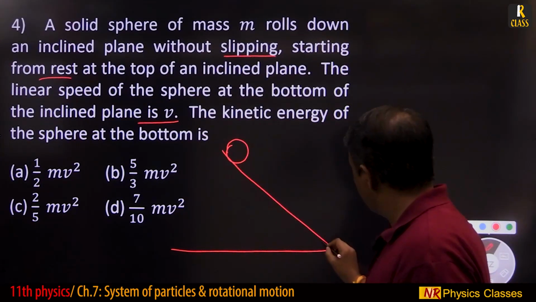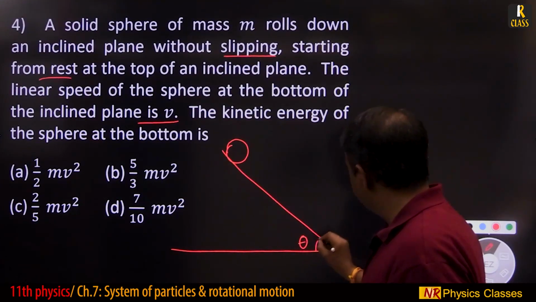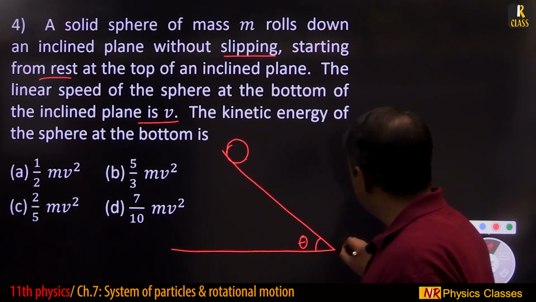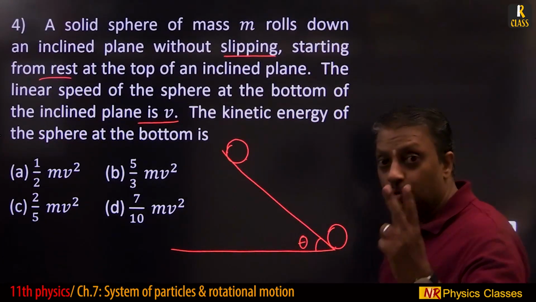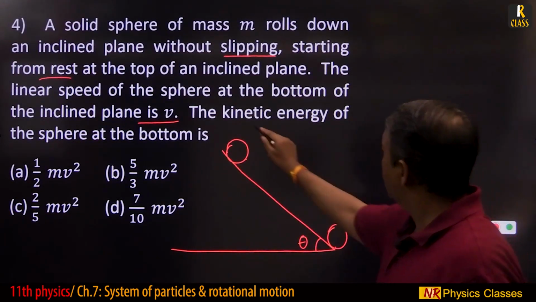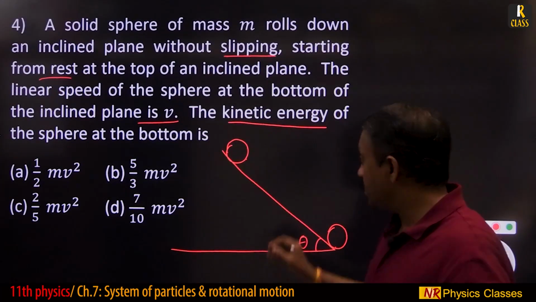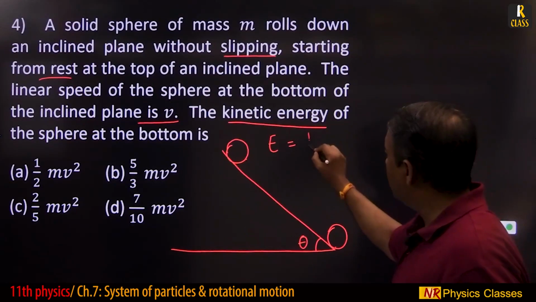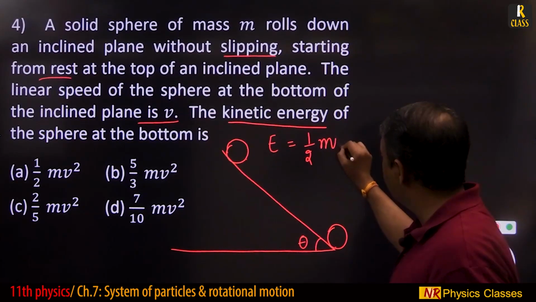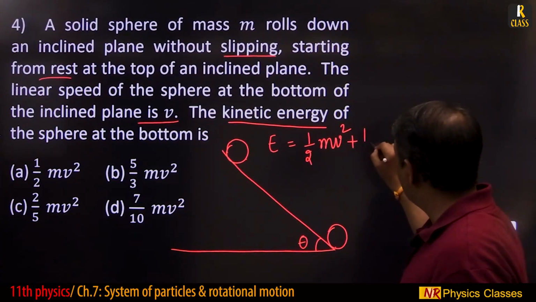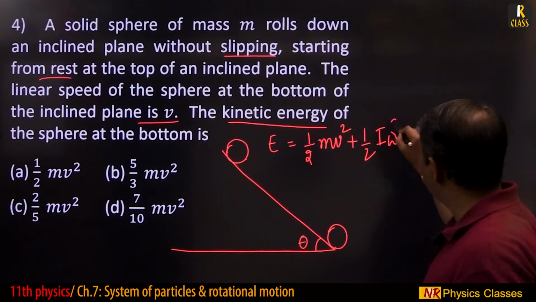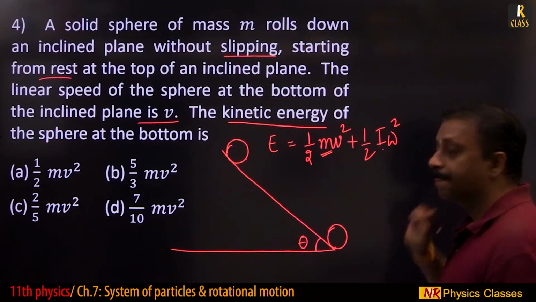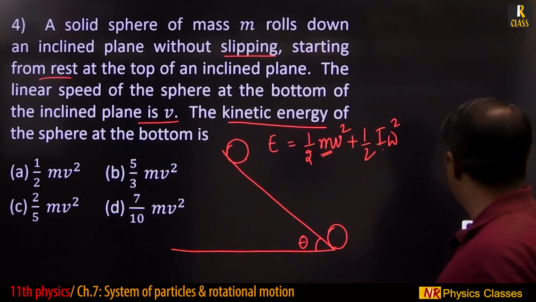This angle is theta. So when it comes here, it will have two kinetic energies: rotational kinetic energy and linear kinetic energy, half mv square plus half I omega square. In place of mass, moment of inertia; in place of velocity, angular velocity. Done.